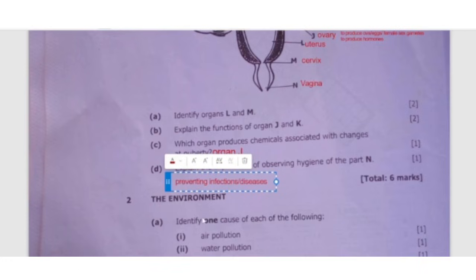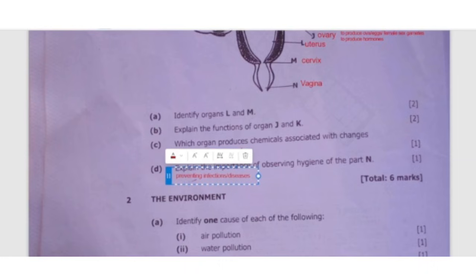Then the other one, if the vagina is taken care of, if we clean it, then we cannot be infected. So the other point is it is also to prevent bad odor.